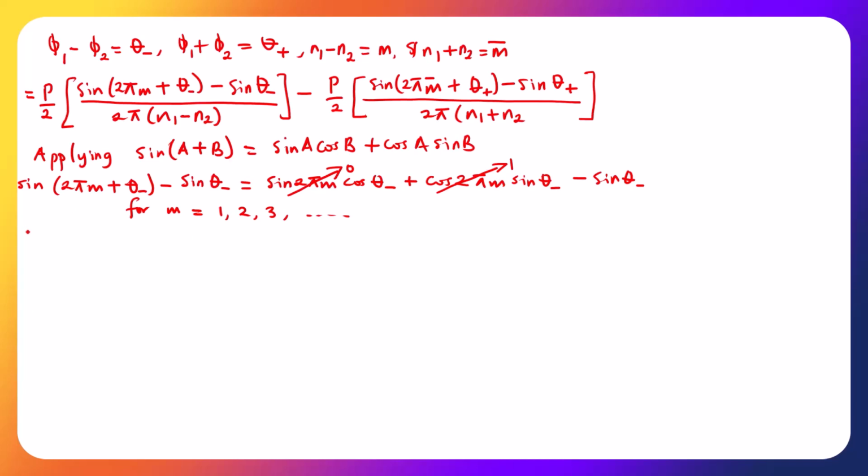So we can write that sine of 2 pi m plus theta minus, minus sine theta minus, is equal to 0 plus sine of theta minus, minus sine of theta minus, and this gives us 0.